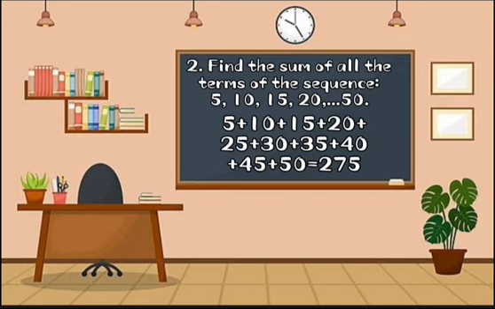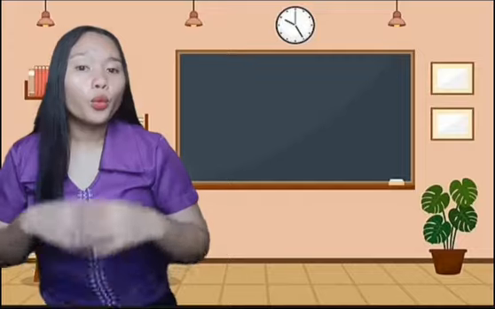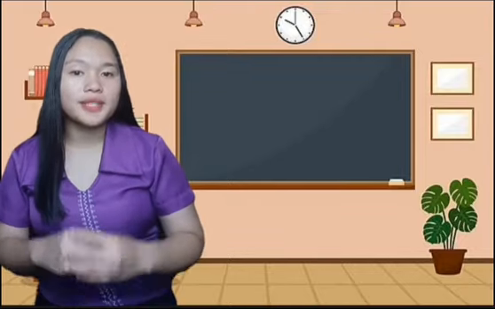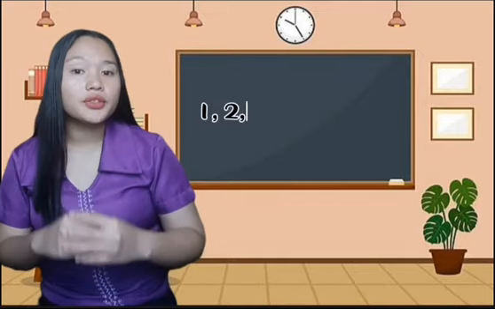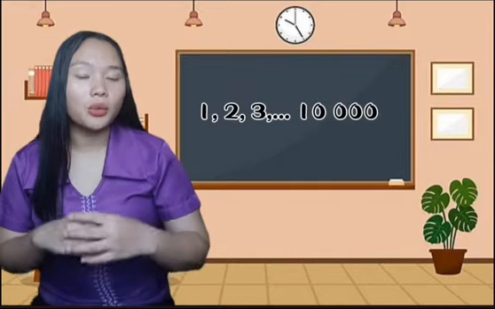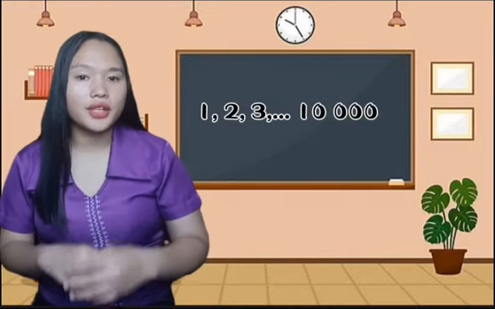Thus, the sum of the terms of the sequence is 275. What if you are asked to find the sum of the terms in the sequence 1 to 10,000? There are 10,000 terms to be added one by one to get their sum, right?